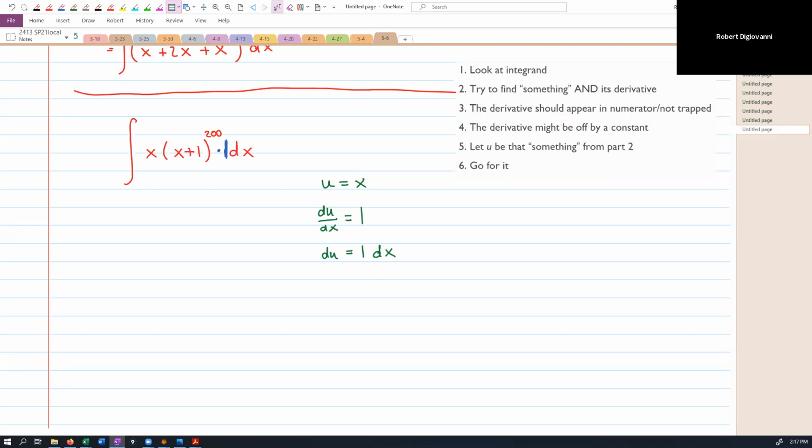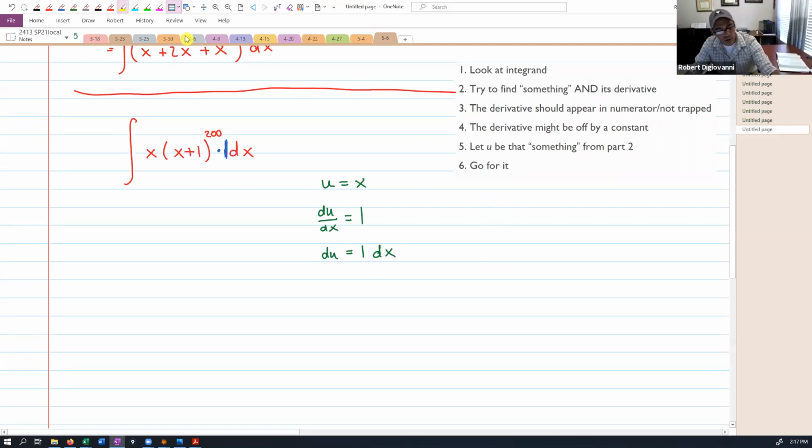Let's create a loop. So now everywhere we see an X, we can replace it with U, and everywhere we see 1 dx, we can replace it with du. This becomes U plus 1 to the 200th du.